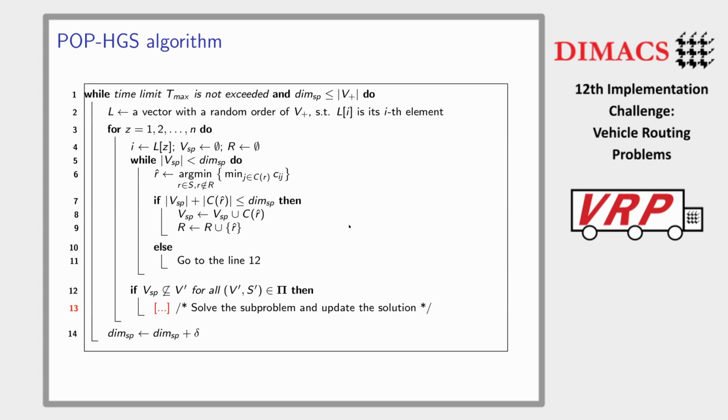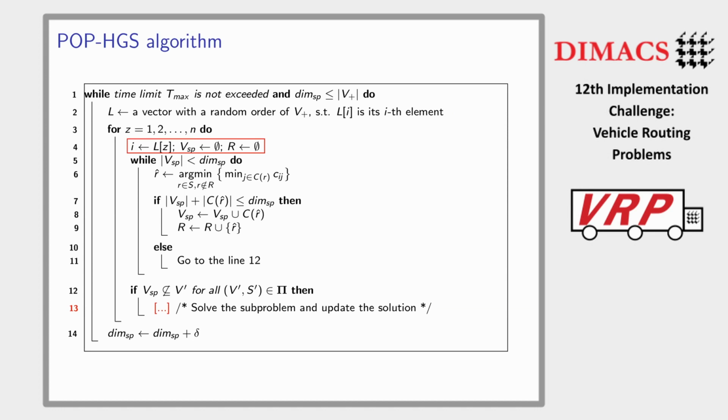And then we have an iterative part, which is executed until the time limit is reached, or the subproblem size reaches the maximum size, which is the number of customers. So at first we shuffle the list of customers to define the list of seeds. In this method, a customer is a seed used to build a subproblem.